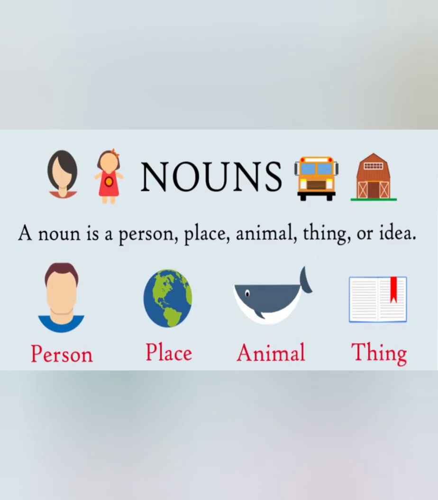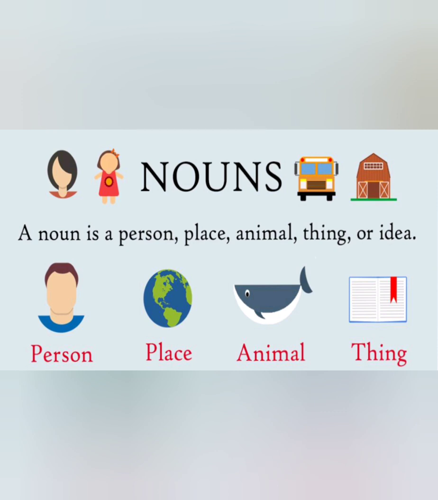Before we start with noun case, let's recall what nouns are. Nouns make up the largest class of words in most languages, including English.